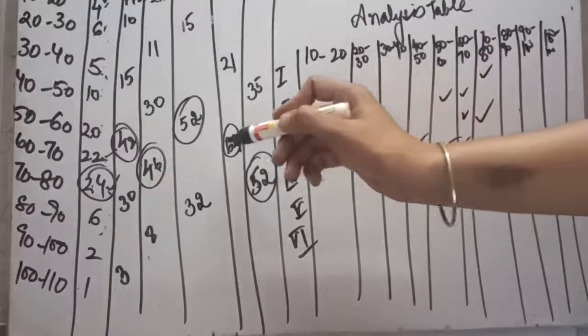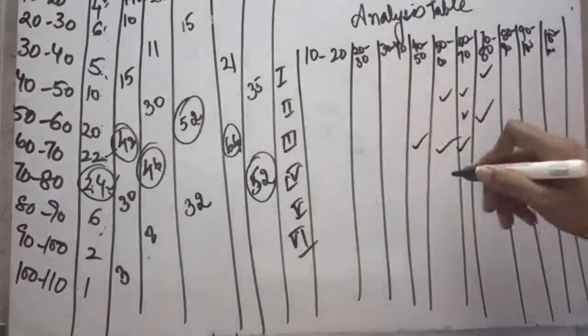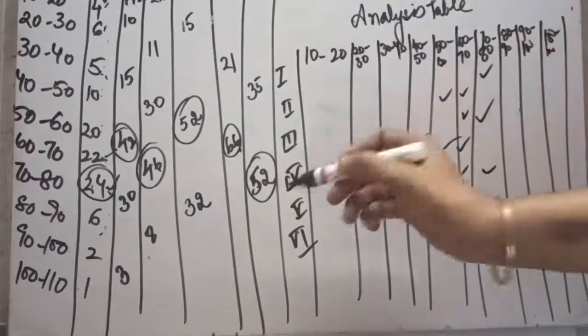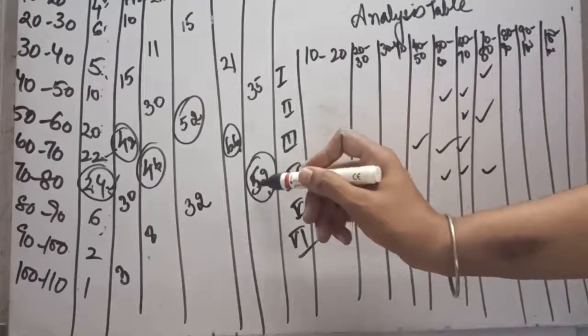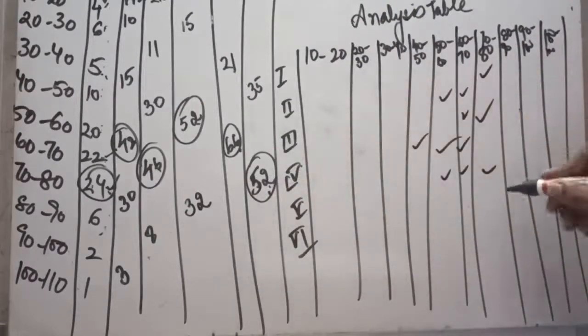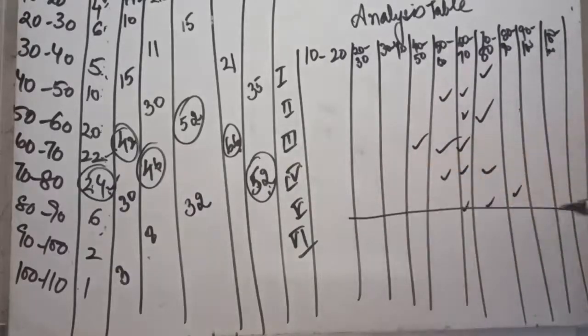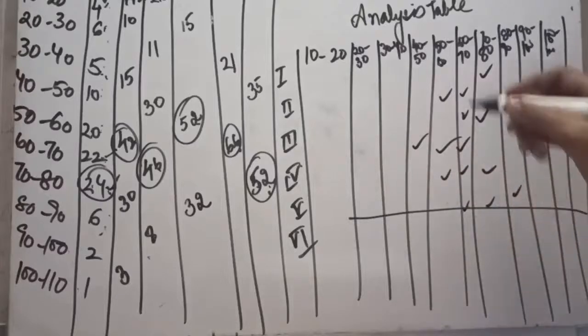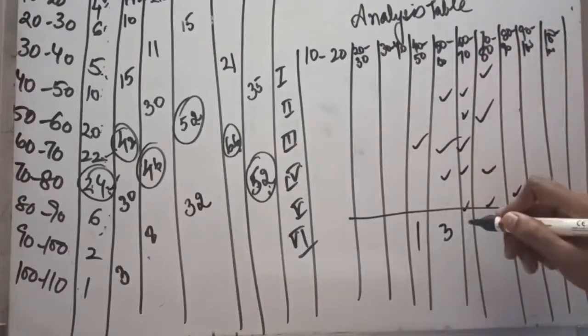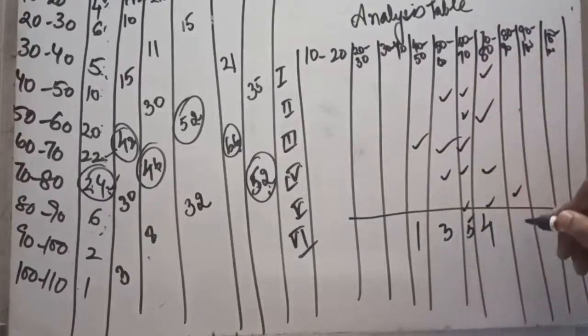Next is the fifth, that is 66. Again it has been added with 3, so we will take 3. And last 52, that has been added by 60 to 70, 70 to 80. Now we will add all these values. So when we add it, here 1, 3, 5, 4 and 1.